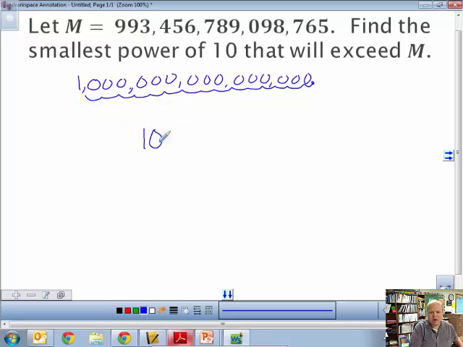Okay, so I move my decimal back 15 places so that I have a number in the power of 10. So a power of 10 that will exceed this number will be 10 to the 15th. Okay, and this is one of the simpler lessons. This is all that we're talking about, really. Alright? Let's see the next problem.